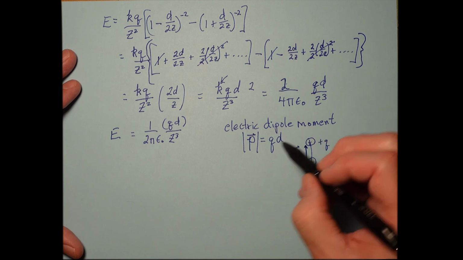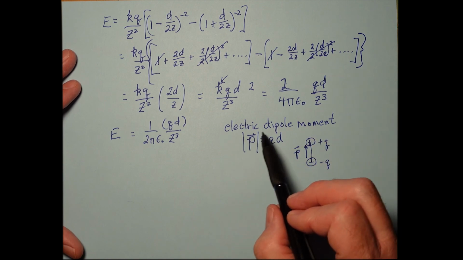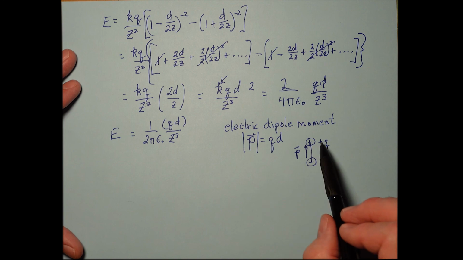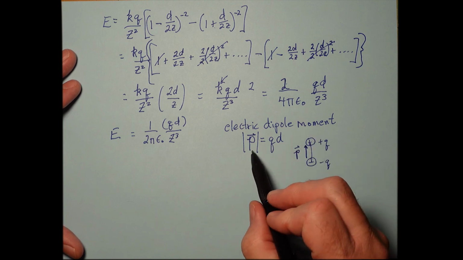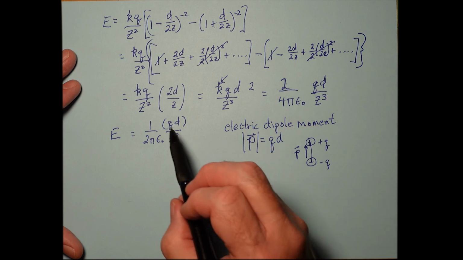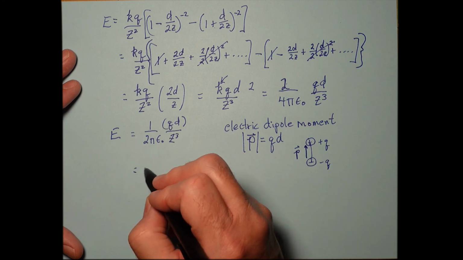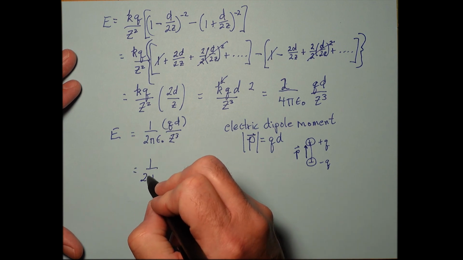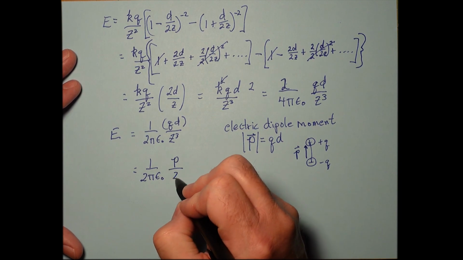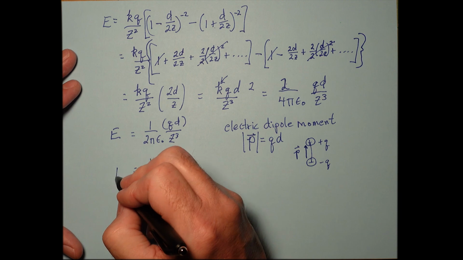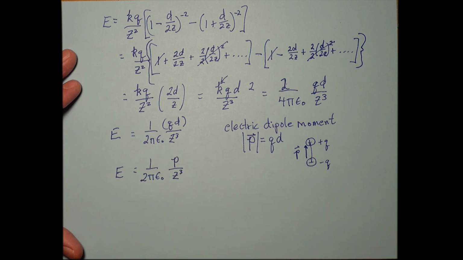Now, if we introduce this, and this is a very common term, and this term is going to pop up quite a bit as we go through the rest of the course. The electric dipole moment, P is equal to Q times D, is right here. So this can be written as 1 over 2 pi epsilon naught times P over Z cubed. Once again, that's the magnitude of the electric field.